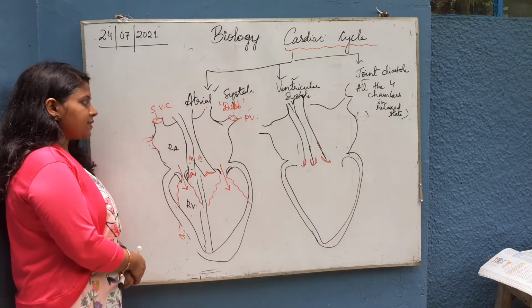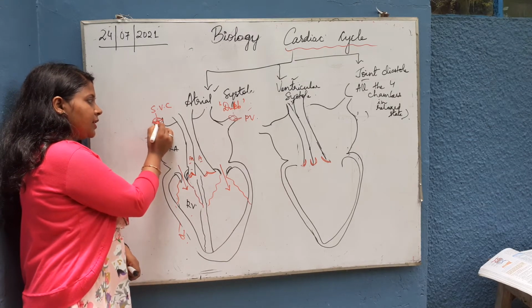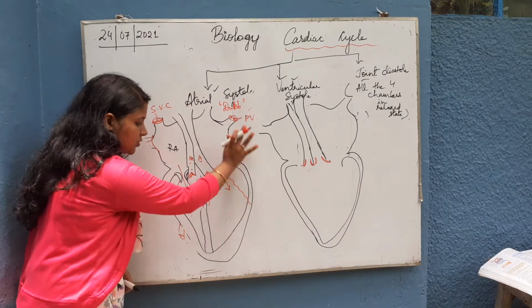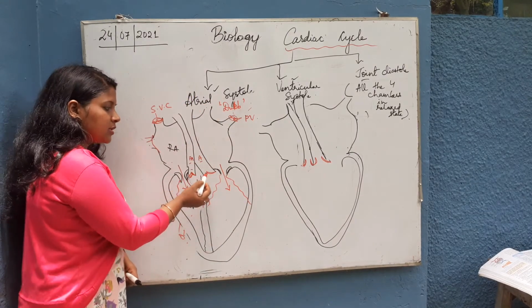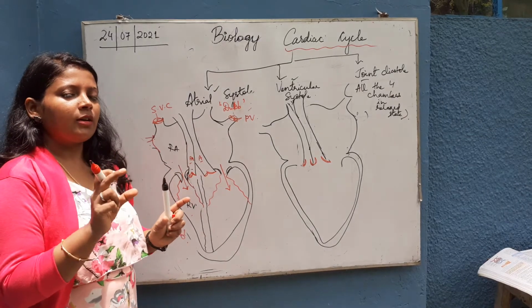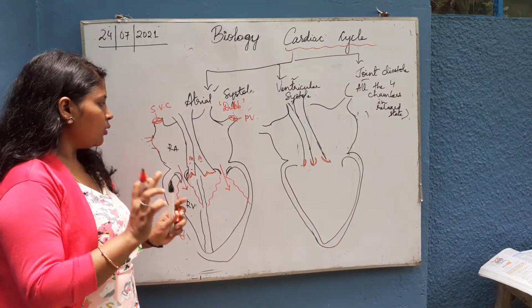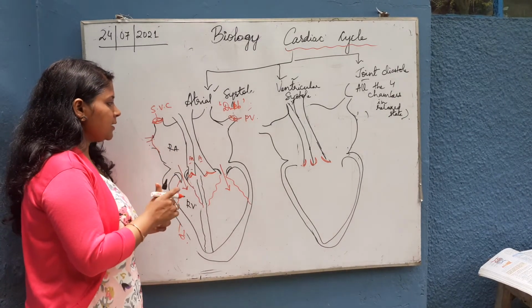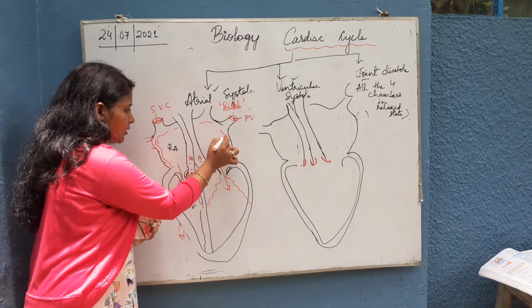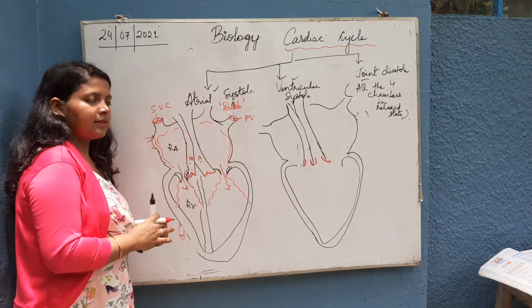Now all the valves here, the superior vena cava valves, the pulmonary valve, all will be closed except the tricuspid and bicuspid valves, which will open. That is the only point you have to know. When the atria contract, you have to remember that the ventricles automatically get relaxed.